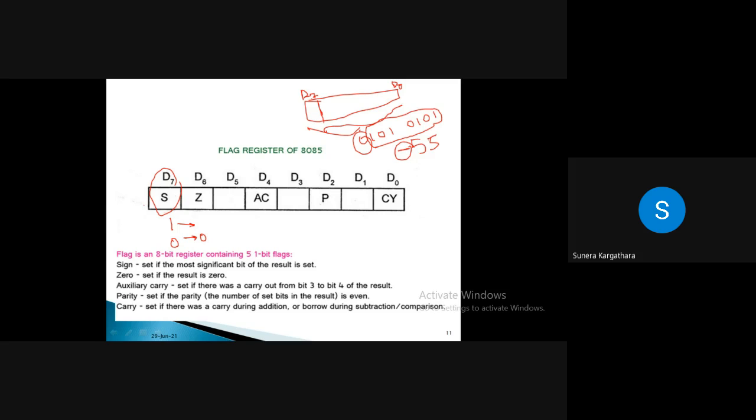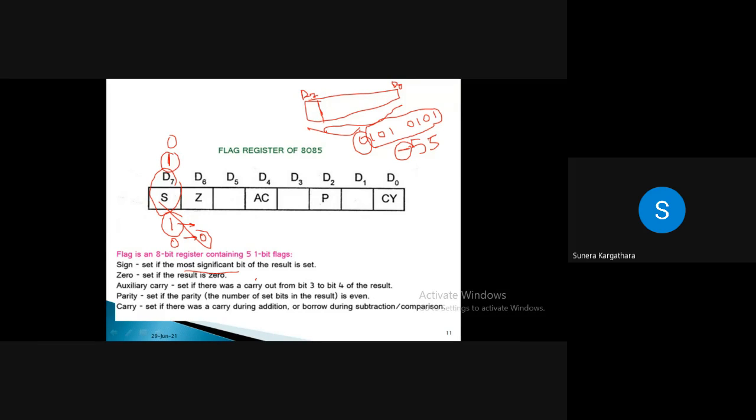So this D7 bit will give you an idea whether your number is positive or negative. If the number is negative, S is equal to 1. If it is 0, your number is positive. So the sign bit is set if the most significant bit, the MSB, of the result is set. If the D7 bit of the flag register is 1, your number is negative. If your number is positive, your sign bit is 0.